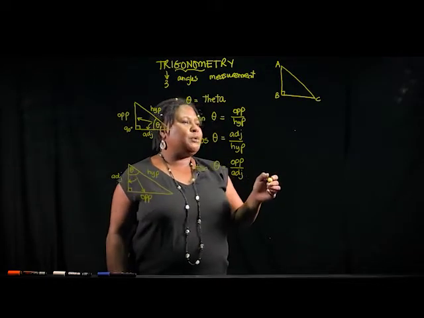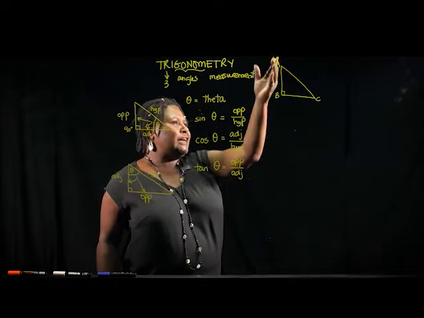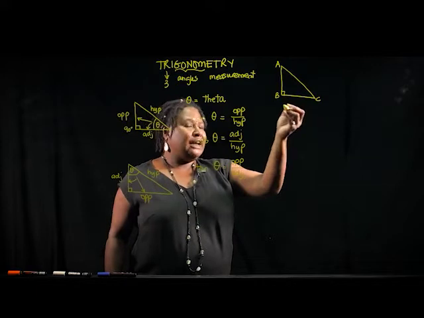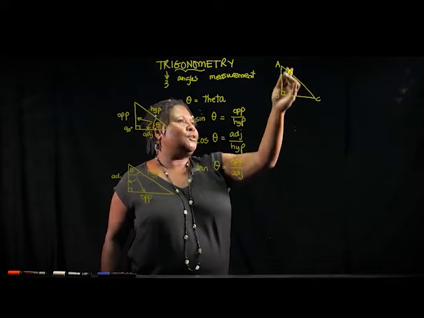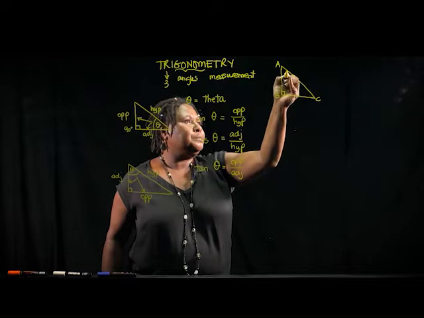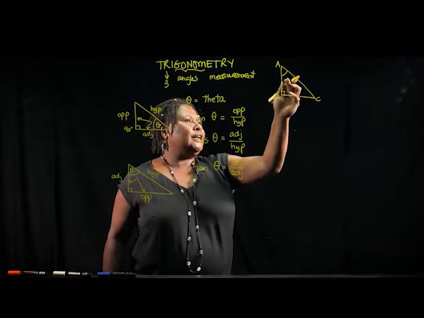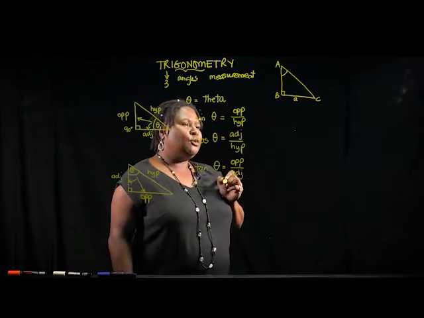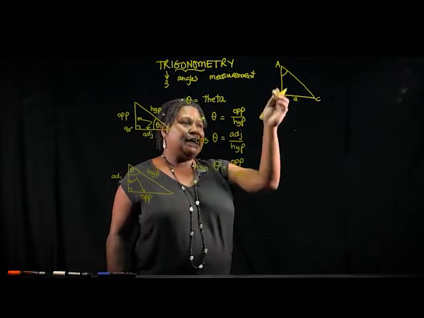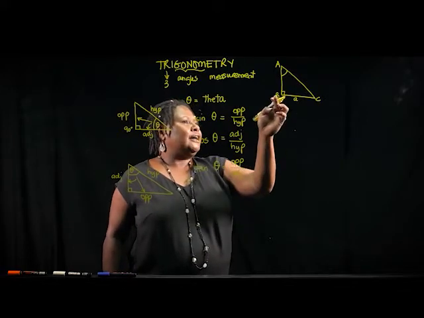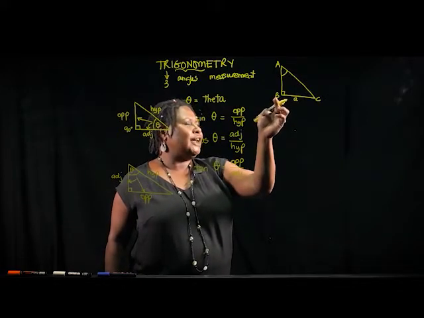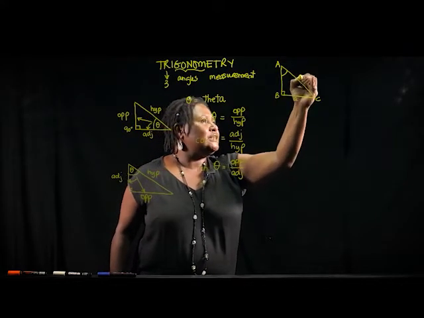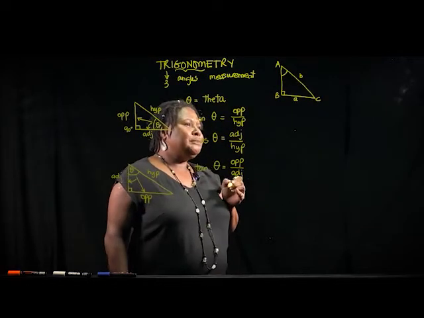But first, you must remember that when a triangle is named like this, the side is also given a letter to represent it. So if this is angle A, then the side opposite to A is side a. Notice it is a small letter a. Angle B here, which is the right angle, the side opposite to B is now small letter b.